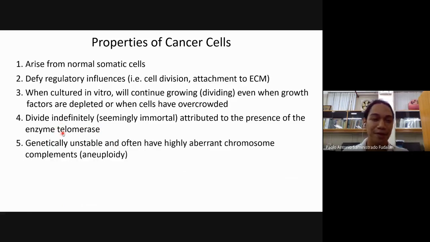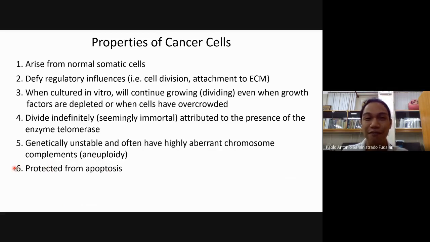Okay? They are genetically unstable, and they have aberrant chromosomes. So in the karyogram that I showed a while ago, they have bad conditions of aneuploidy, and they are connected to the topic that we talked about at the beginning of this lecture.